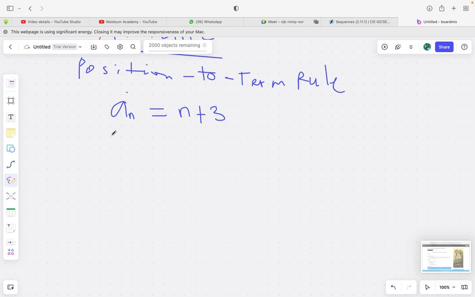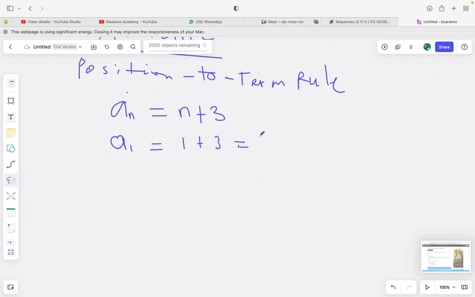So if I want to find A1, remember, this is the symbol used for term, if I want to find the first term, A1, it is equal to position 1, which is 1, plus 3, and that will give us 4.